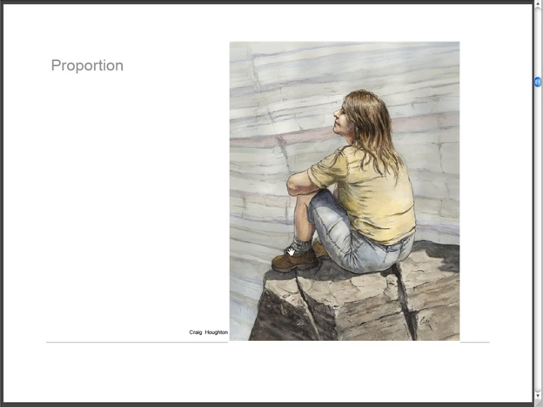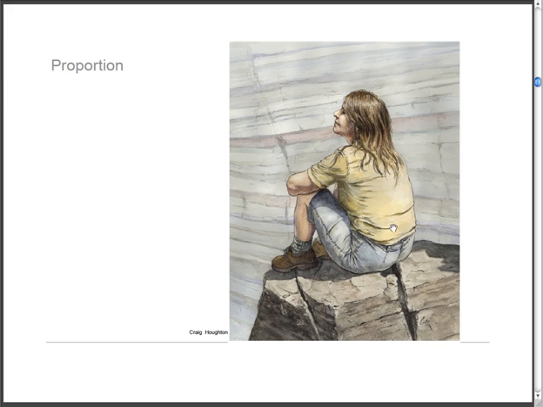Proportion is relative scale, or size in relationship to something else. As we look at the painting of this woman sitting on the rock, obviously she appears to be an appropriate human scale. Her arms are an appropriate length, her leg is an appropriate length, her head is appropriately sized or scaled to the rest of her body.